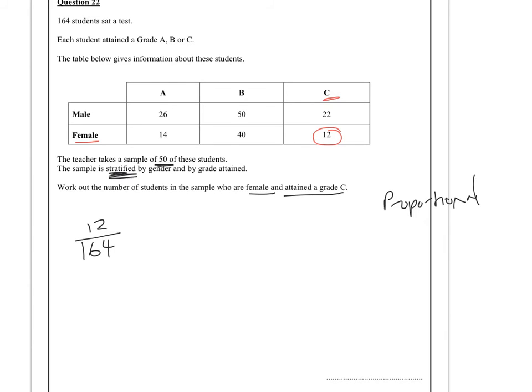And if we have a sample of 50, to work out how many are in that sample, you have to multiply it by the sample size, and that gives us 3.65853 recurring. Because we're talking about people here, we need to round it. I'm going to round it to the nearest whole number, which is 4 people.